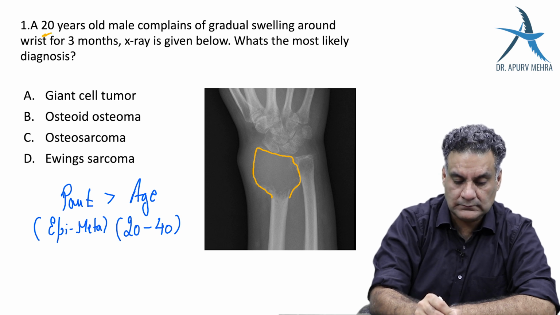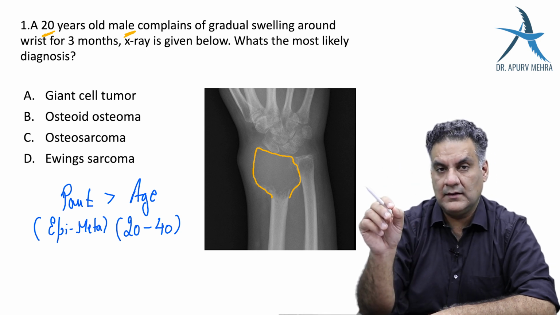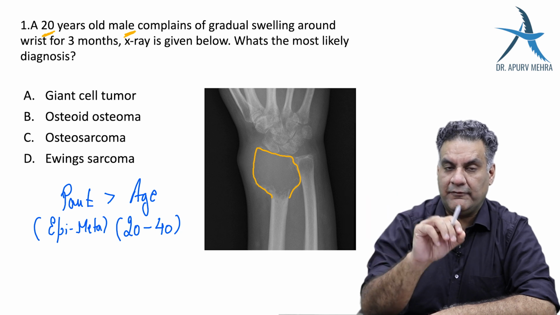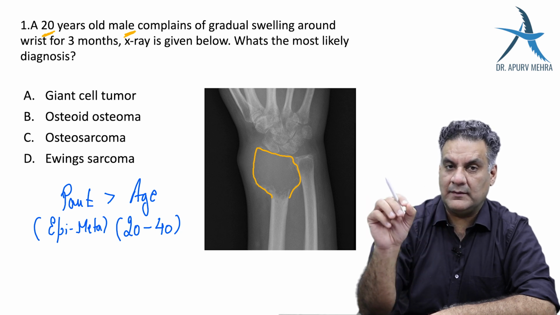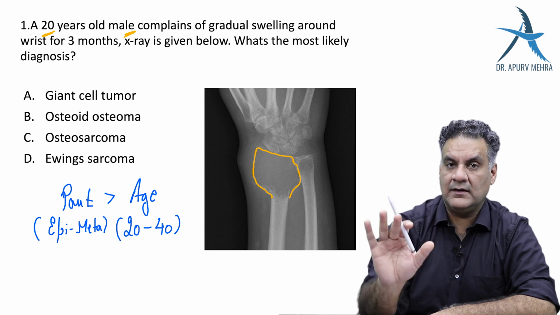20-year-old male. Bone tumors are usually more common in males, but there are 2 tumors which are more common in females. G for girls, G for GCT. F for females, F for fibrous dysplasia. But here they have given a history of male.